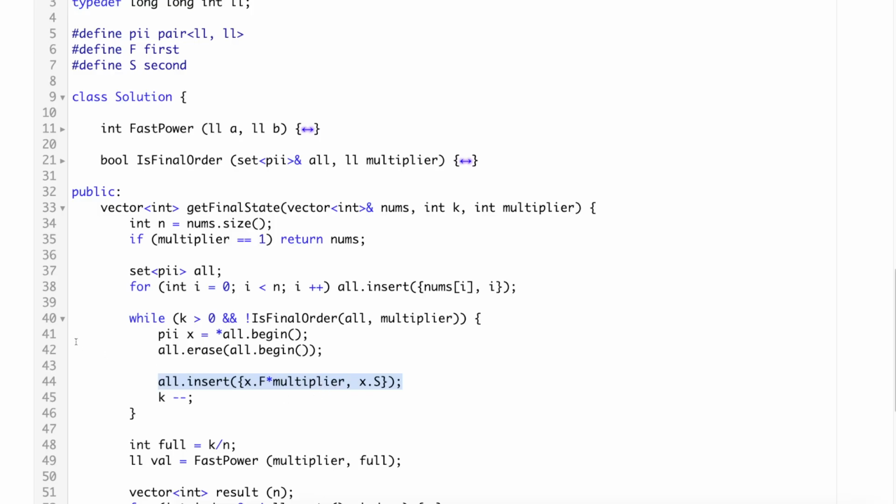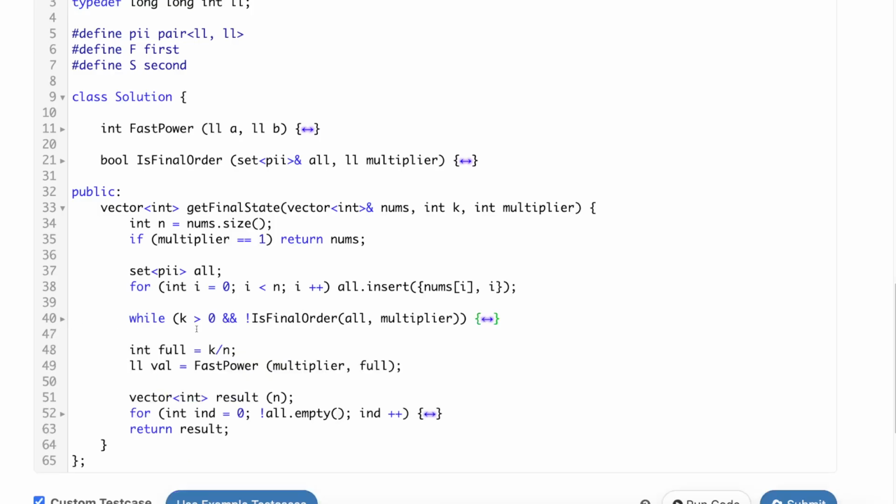That's it, right? You will keep on doing this operation until you have some operations left and your array is not a stable array yet. After you have received a stable array or your operations are exhausted, you can simply distribute the remaining k across everything. If your operations are already exhausted, this will be 0. So 0 by n would be 0, which will not change anything at all.